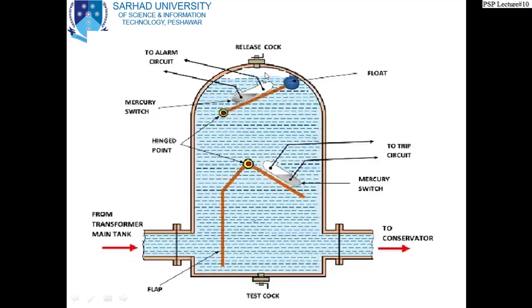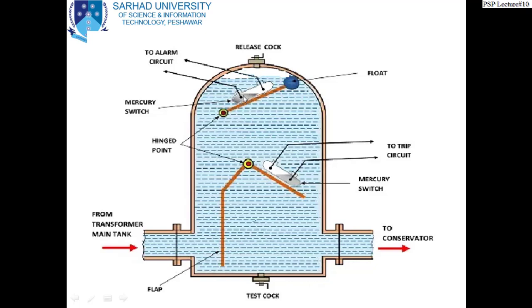And when a certain amount of gas is accumulated, it applies pressure on this float. This is your hinged point, and that float goes down, and a mercury switch is attached to this float. This is the mercury switch, this black thing is the mercury.